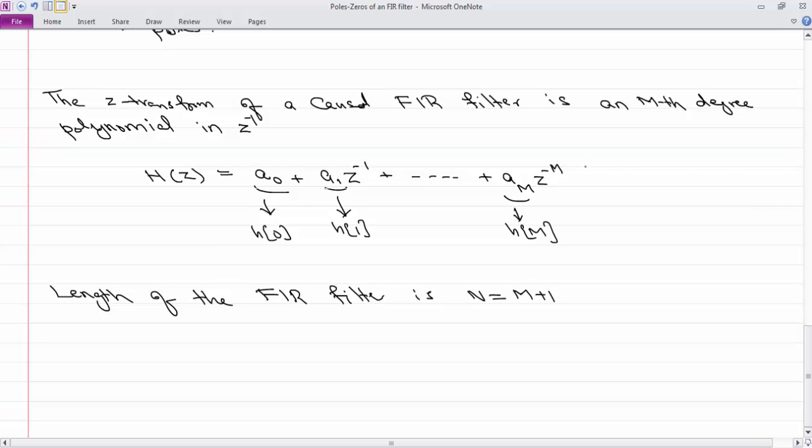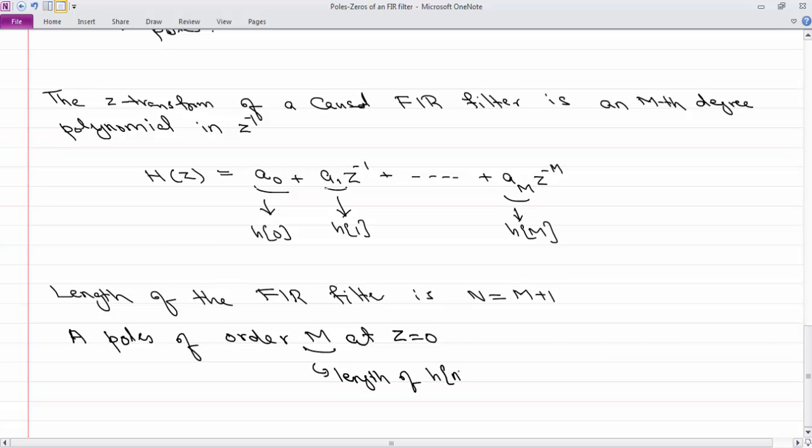And so because of the degree of the polynomial, this filter has a pole of order M at z equal to 0, right? Or a pole of order length minus 1. So order M is effectively order length of h[n] minus 1 at z equal to 0.